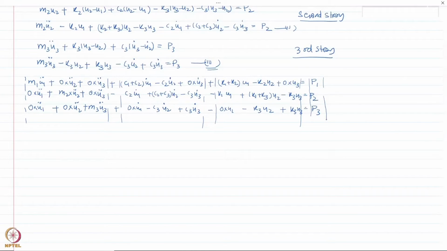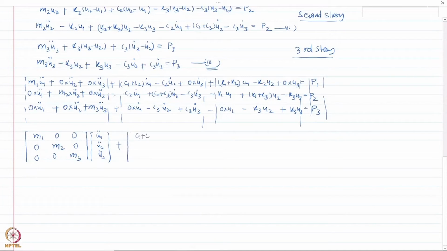This one is nothing but the multiplication of the matrix m1 0 0, 0 m2 0, and 0 0 m3 with this vector here, and I would take the negative terms inside so that it is all plus here.